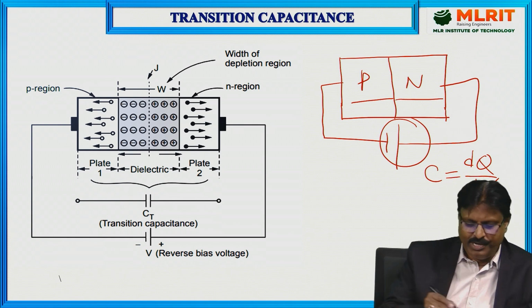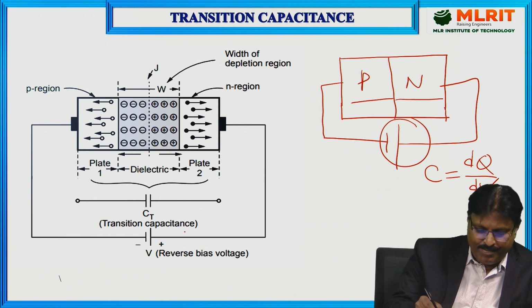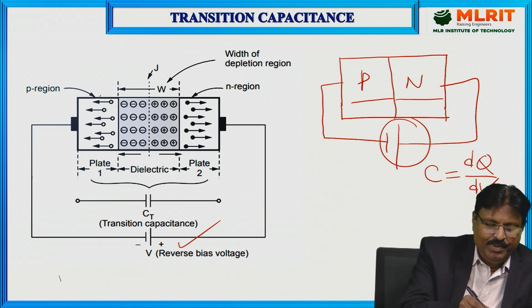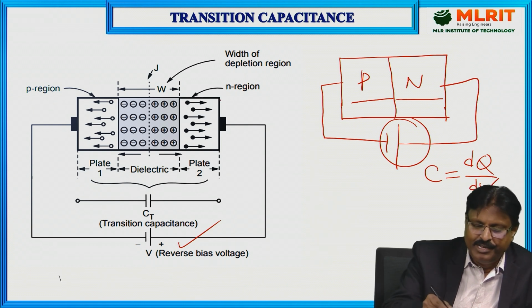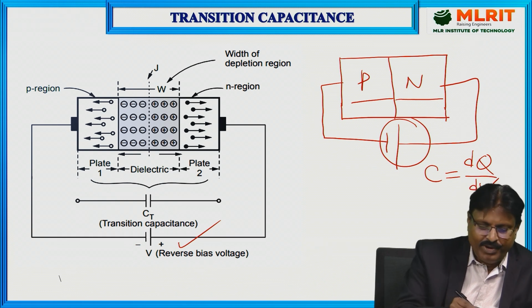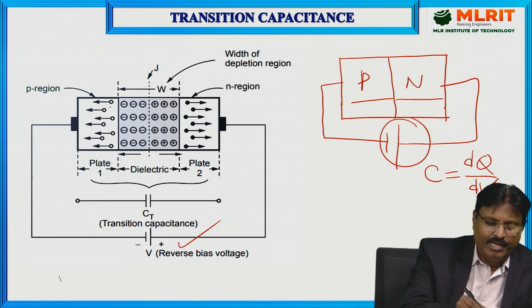As you can see from this figure, this is a PN diode, and I am applying a reverse biasing voltage. In the P region, the majority carriers are holes, and in the N region, the majority carriers are electrons. Whenever you apply reverse biasing to the diode, the majority carriers move away from the junction.